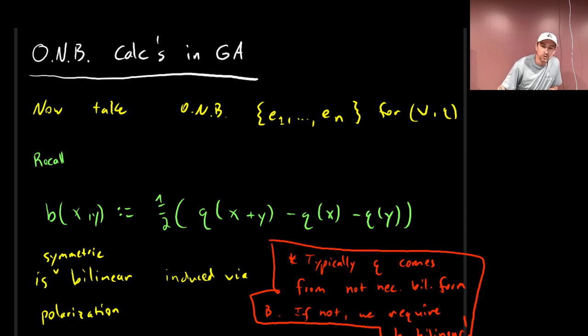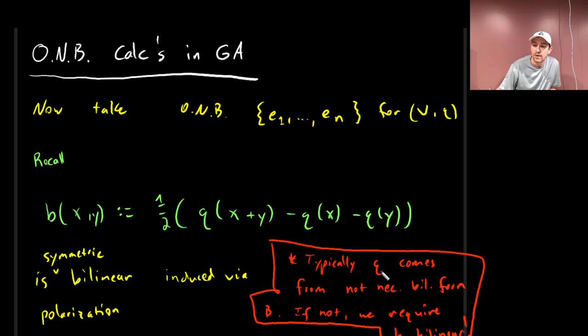Do recall you can always form from little q a symmetric bilinear form. In this case, I wrote it as a little b, under this formula. This is the polarization identity. I actually led myself down a little bit of a rabbit hole because I did double check this to make sure I wasn't misremembering stuff.